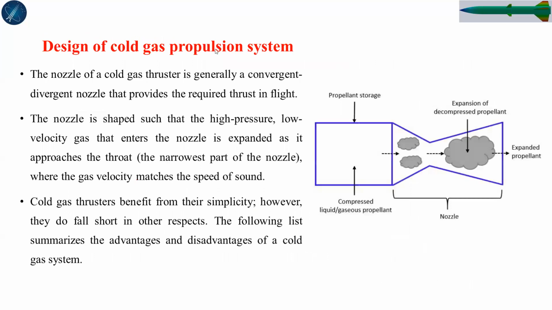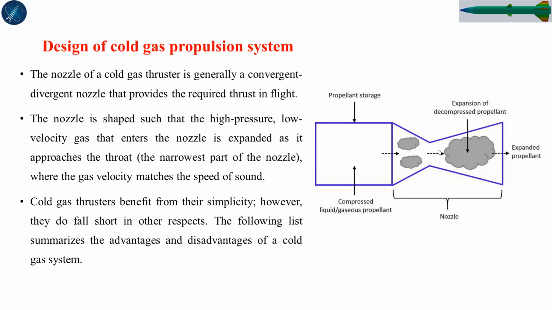So the design of cold gas propulsion. Look, there is propellant storage here. Compressed liquid or gaseous propellant will be stored in this region, and then it changes to some gaseous form here, as you see.